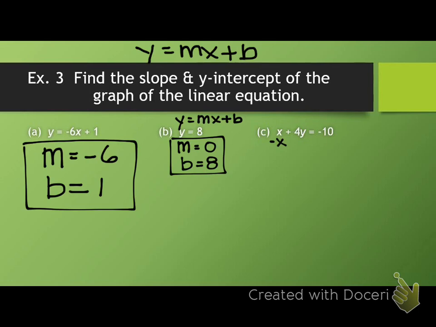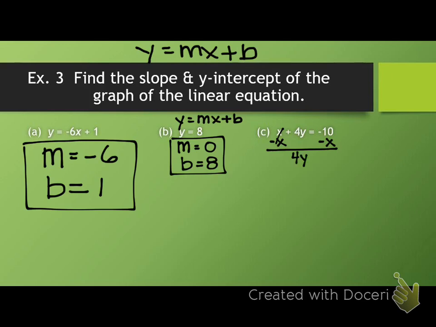Now, if you go back in your brain all the way to the chapter 1 test, remember the section that asked you to solve the literal equation for y? For those of you that do remember, they were preparing you for this right here. I told you what we learned in one chapter, you can't forget because it comes with us. This is a perfect example. So we're going to subtract x from both sides.